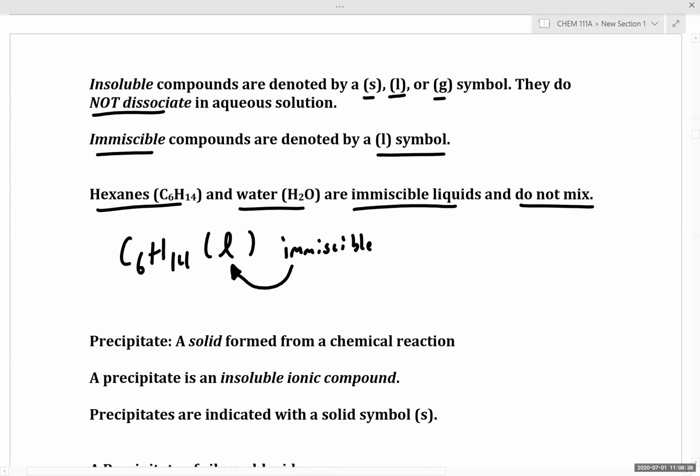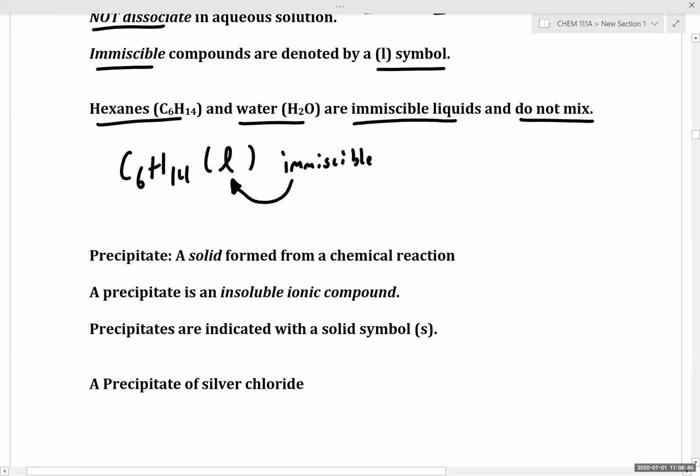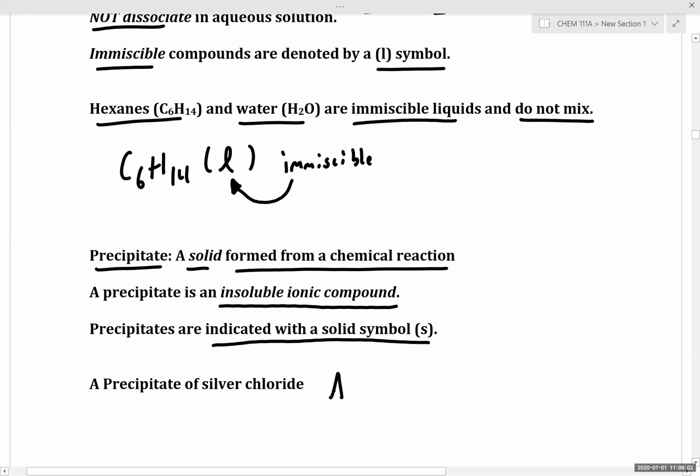Continuing on, another key word that you'll need to be familiar with is the keyword of a precipitate. A precipitate is a solid formed from a chemical reaction. More specifically, a precipitate is an insoluble ionic compound. Precipitates are indicated with a solid symbol S. So for example, a precipitate of silver chloride would be AgCl(s).